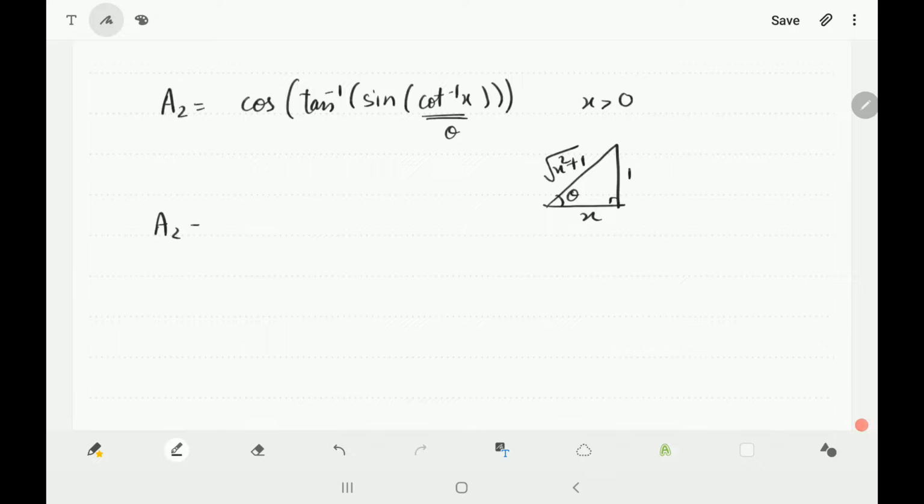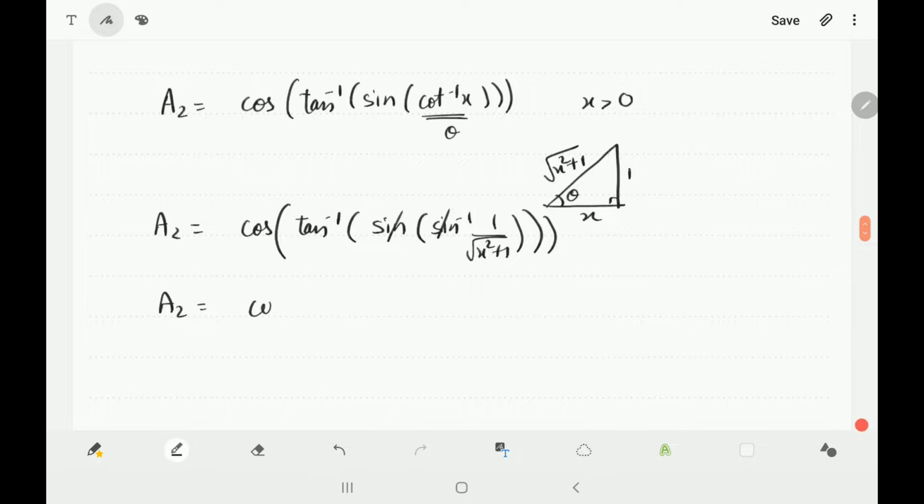So you will be writing a2 is equal to cos of tan inverse sine, in place of cot inverse what you will have now is sine inverse. So we will be writing sine inverse of 1 by under root of x square plus 1. This sine will cancel this sine inverse. So now you will be left with cos of tan inverse 1 by under root of x square plus 1.